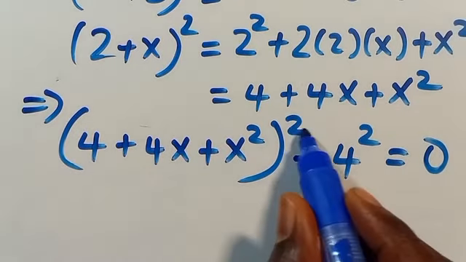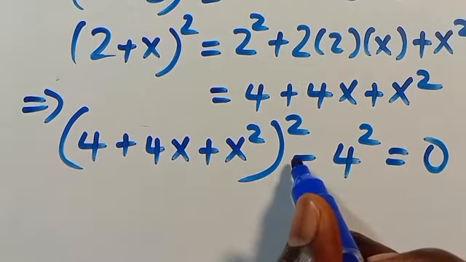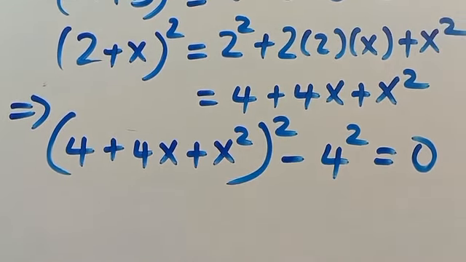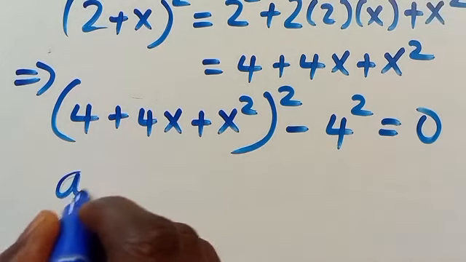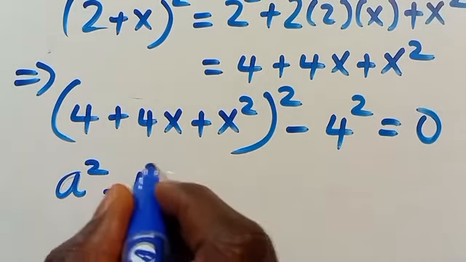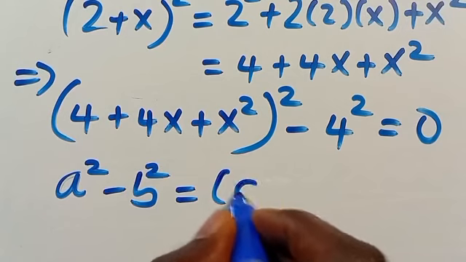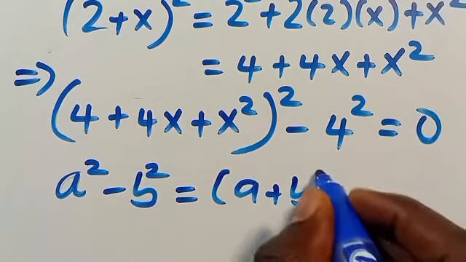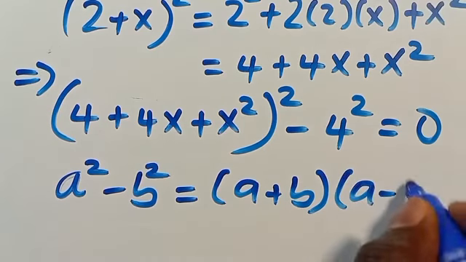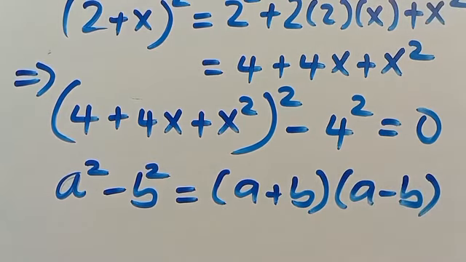Then this one is in power 2, this one is also in power 2, difference of two squares because of this negative. So recall that when we have a^2 - b^2, it always equals (a + b)(a - b).